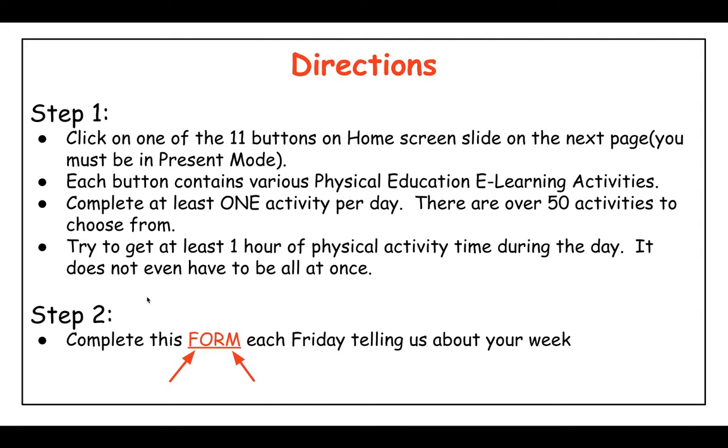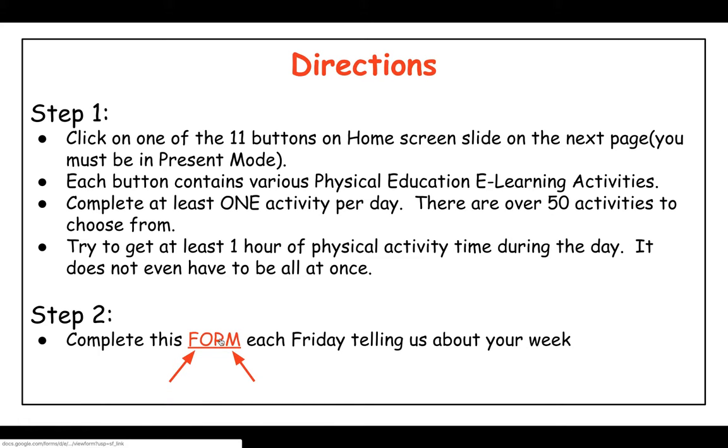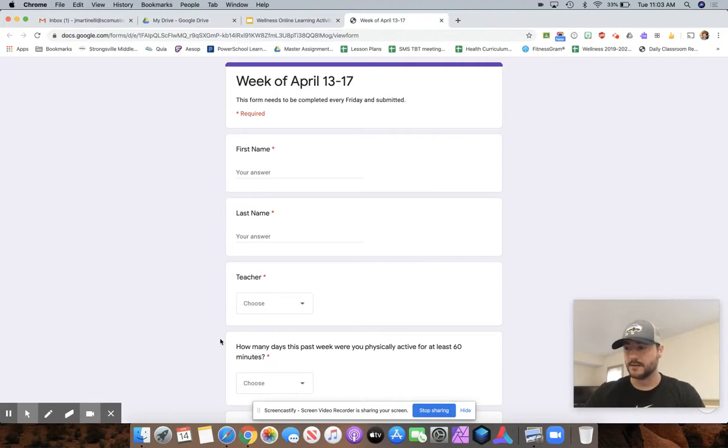And then here's something that we added, step two. Each Friday, we want you to complete this form telling us about your week. If you click on this form right here, it is going to take you to the week of April 13th to the 17th. And it's very, very easy. It needs to be completed on Fridays.